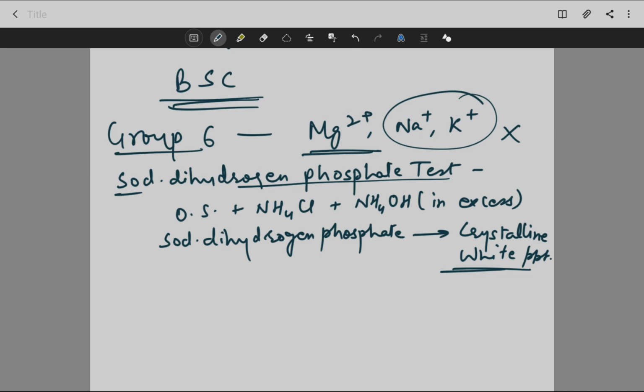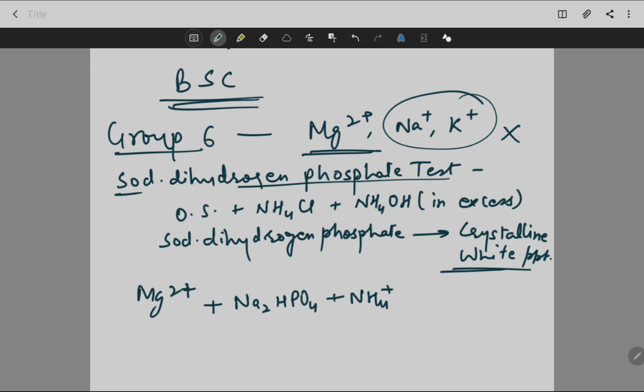So now what is the chemistry behind it? What are we doing here? We take the magnesium containing salt, that is Mg2+, and to this we add sodium hydrogen phosphate, Na2HPO4, in the presence of ammonium ions.